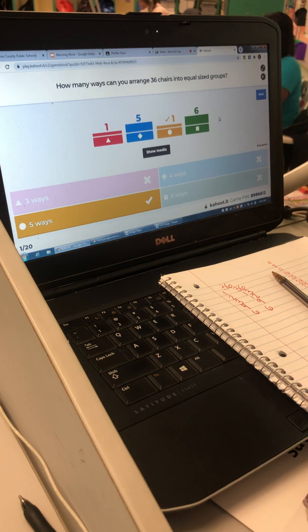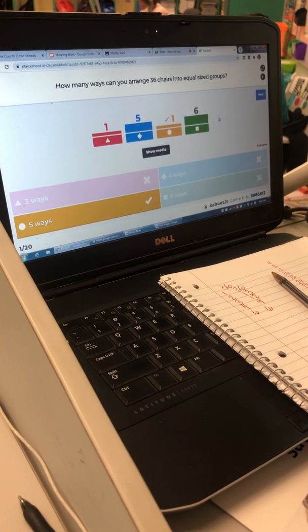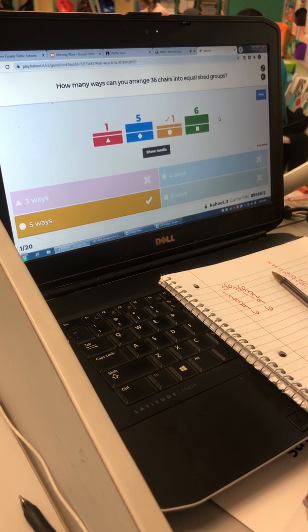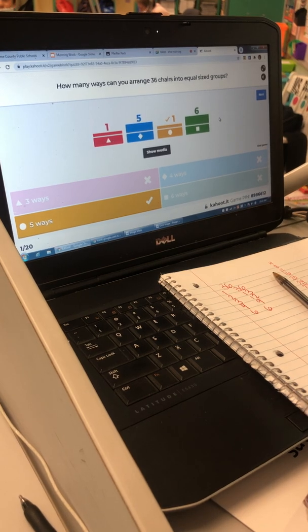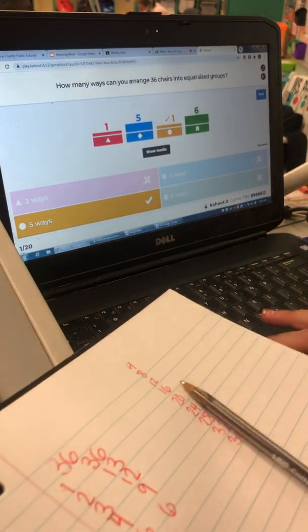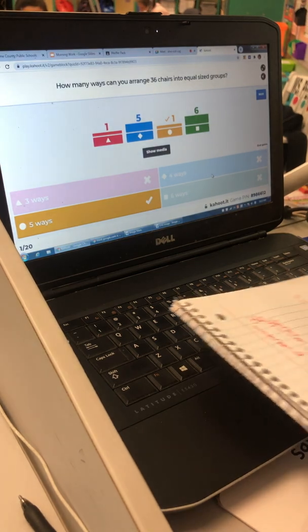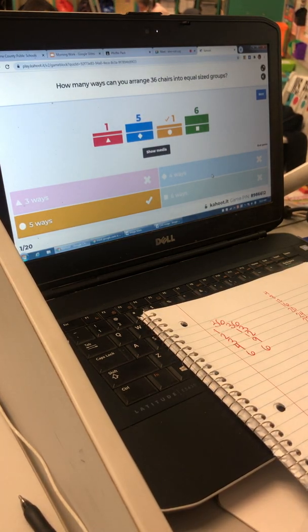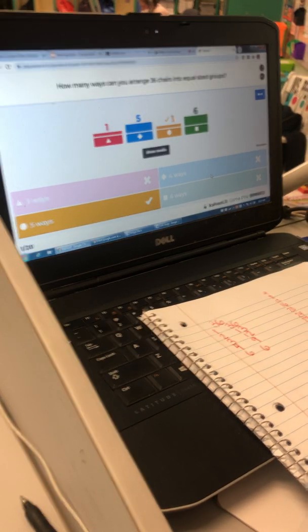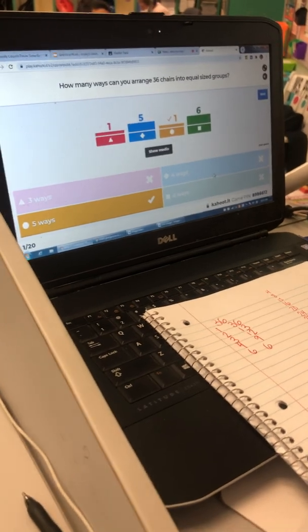All right, so there are 5 ways that you can arrange the chairs. When we're talking about arranging the chairs, we're talking about the factors. How many arrays can you make?